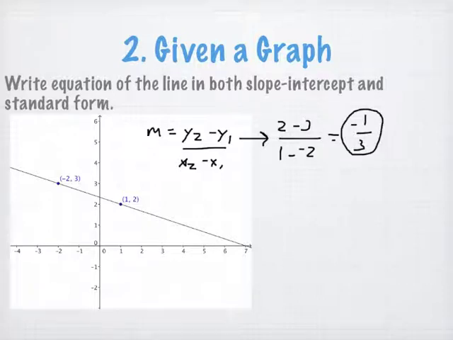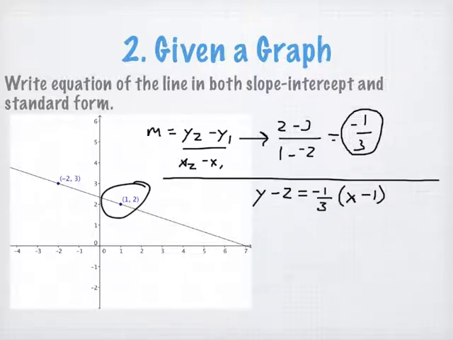Then we'll take that slope and then pick either one of these 2 points and substitute the values into point-slope form. I'll pick this point just because the values are positive and it might be easier to work with. So now I've substituted this point and this slope into the point-slope form.